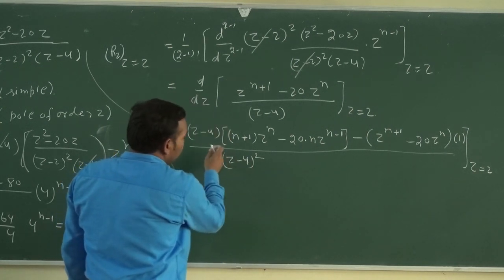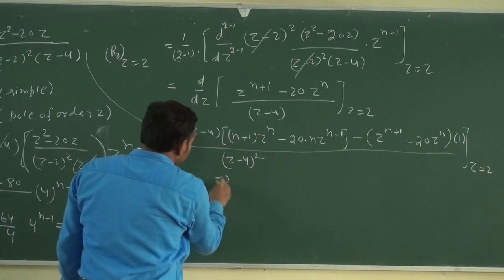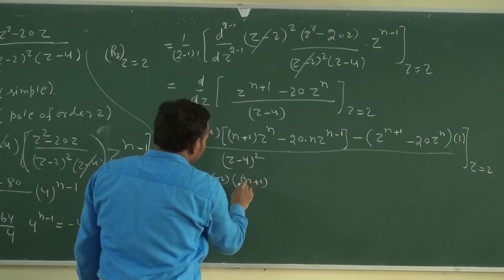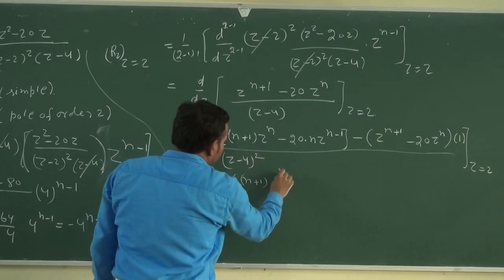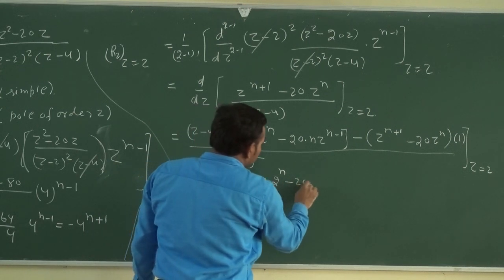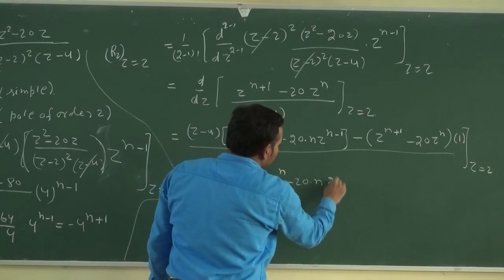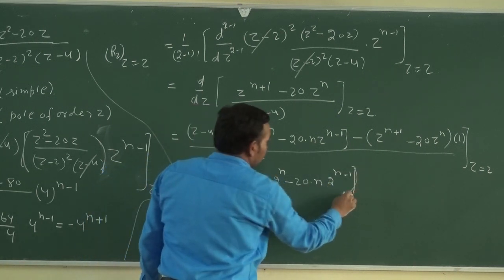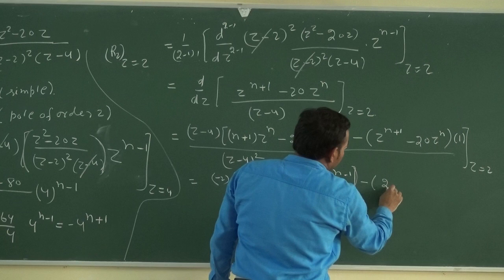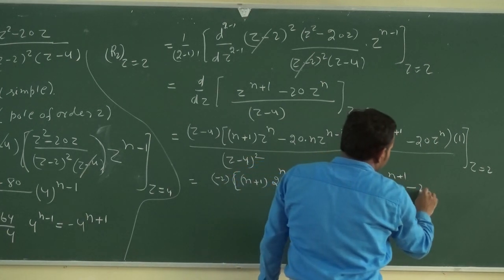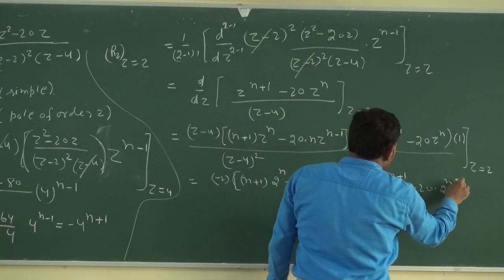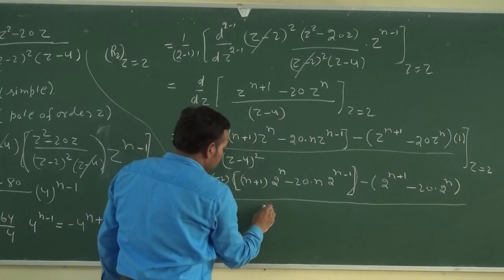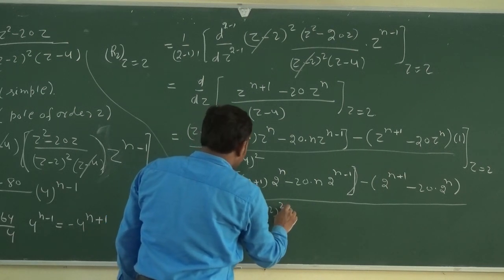So you can write here, this is minus 2 times (n plus 1) 2 to the power n, minus 20 n 2 to the power n minus 1, minus 2 to the power n plus 1 minus 20 into 2 to the power n, upon (2 minus 4) whole square, that is minus 2 whole square.